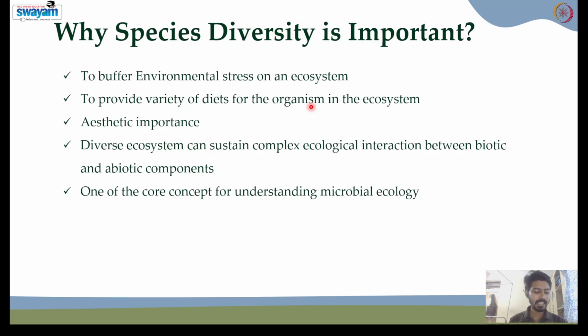And third is aesthetic importance. We always know that nature is beautiful because of this species diversity. A diverse ecosystem can sustain complex ecological interactions between biotic and abiotic components. That is, they support this complex environment and assist the biotic components to survive with the help of the abiotic components.